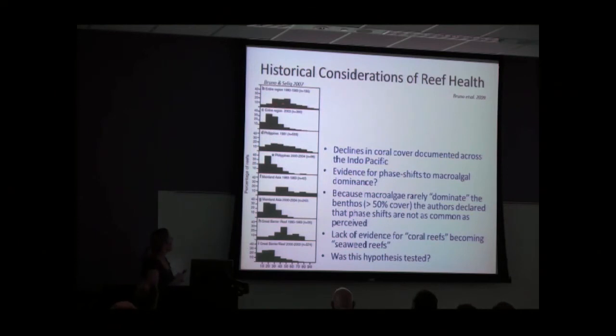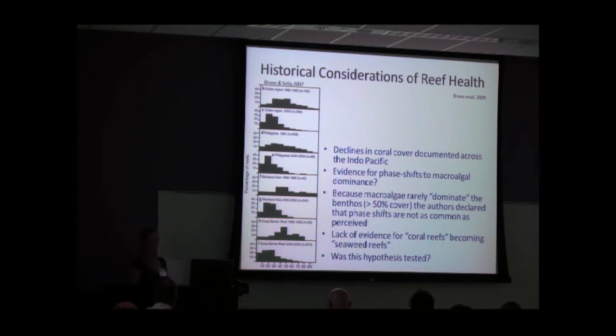We see that back in the 1980s, there was a greater number of reefs shown here that had higher coral cover than there is now. So these histograms are shifting into a greater proportion of reefs having around 20% coral cover. So we've seen coral cover shifting to lower amounts on reefs in the Pacific.